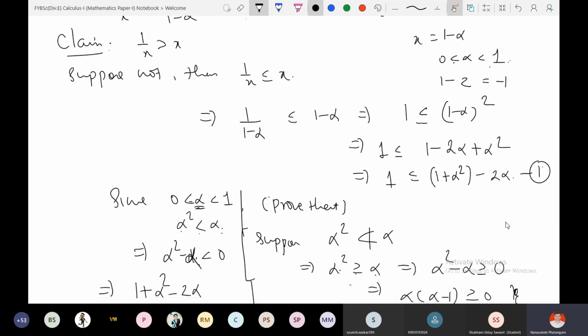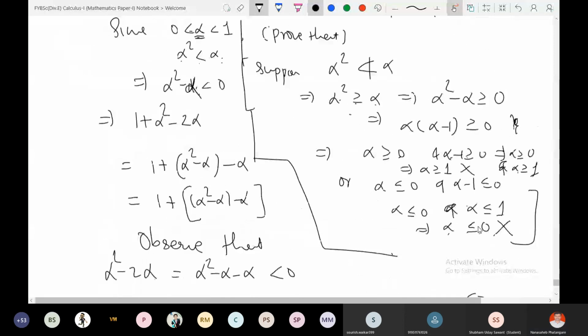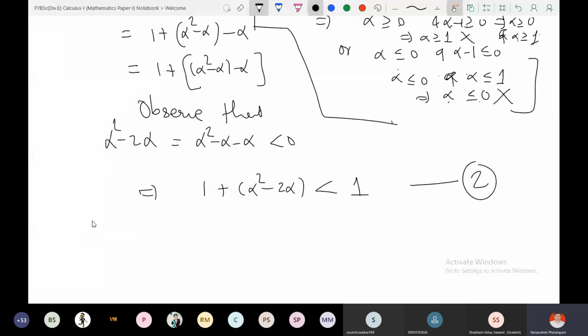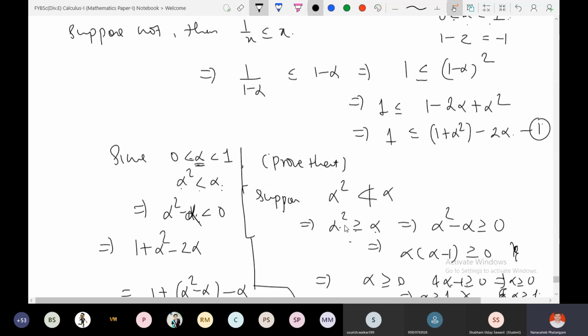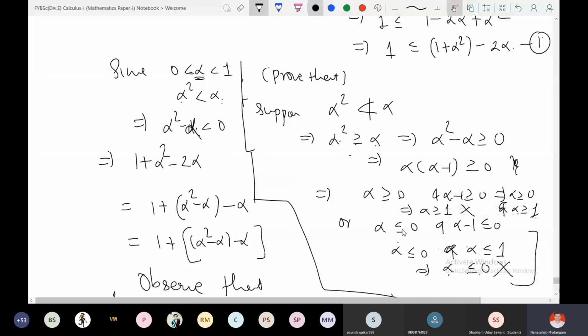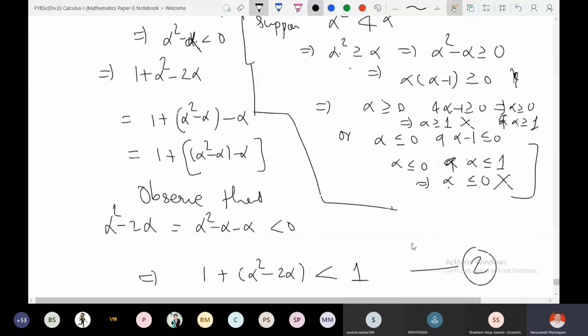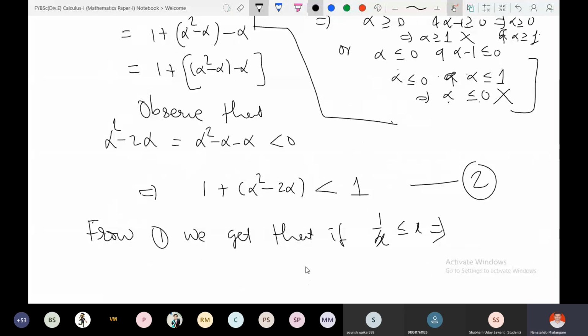Now observe this. Contradiction. Do you realize that there is a contradiction? So from 1 we get that if 1 by x is less than or equal to x, then 1 is less than or equal to 1 plus alpha square minus 2 alpha, which is less than 1.